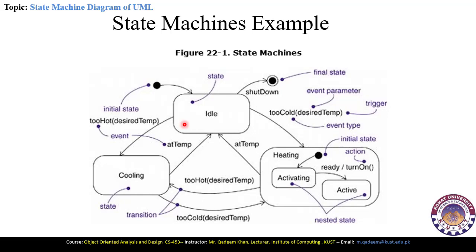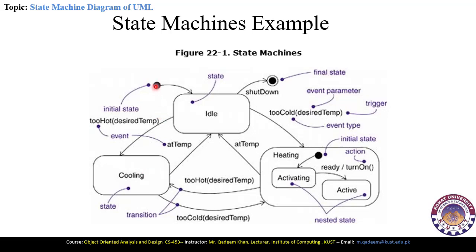Now this is an example that in fact has substate machine diagrams. You can see that inside of this state there are two substates, and these two substates also have initial states. So when these states are completed or processed, then the cooling state will be called here.